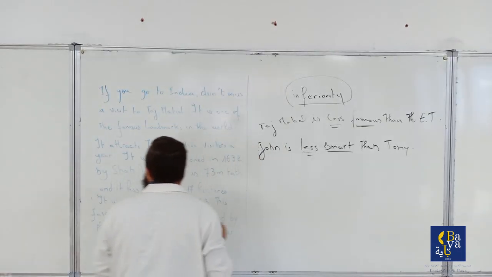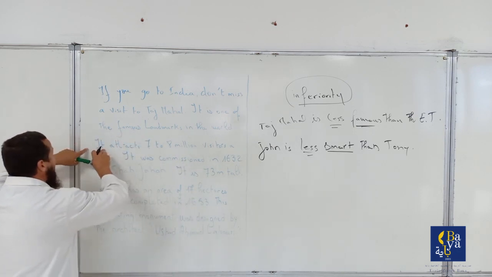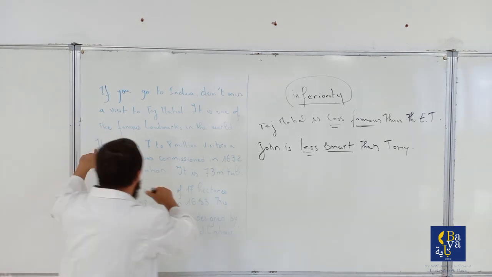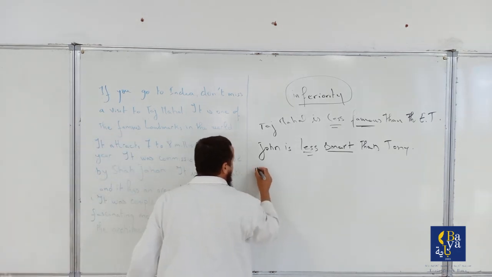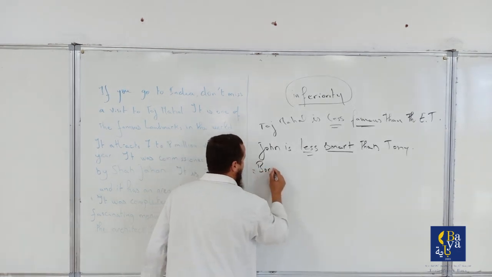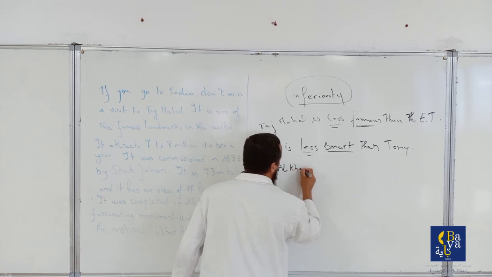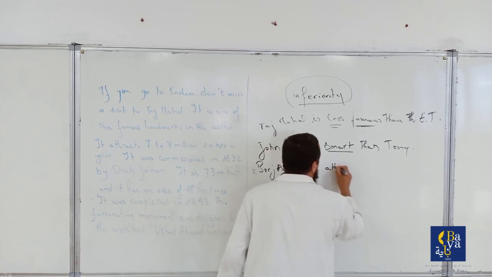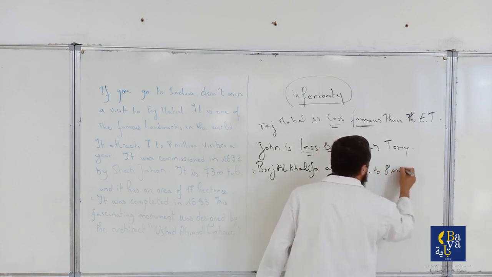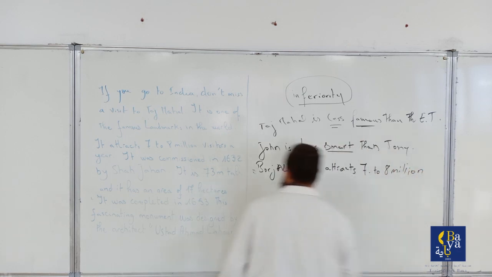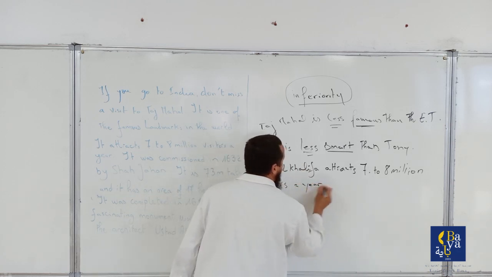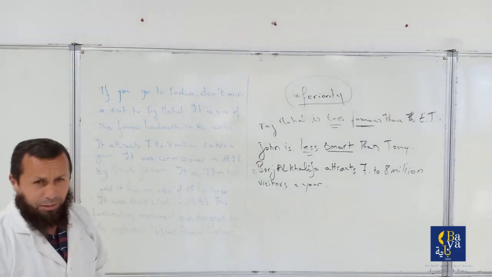Now we go to another thing. Here it says that it attracts 7 to 8 million visitors a year. This is the Taj Mahal. Then Burj Al Khalifa attracts 7 to 8 million visitors a year too. So what do you notice?